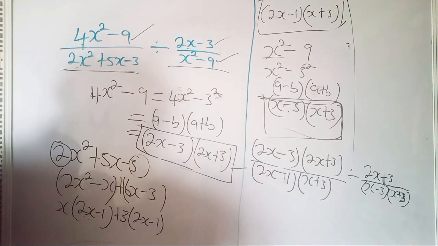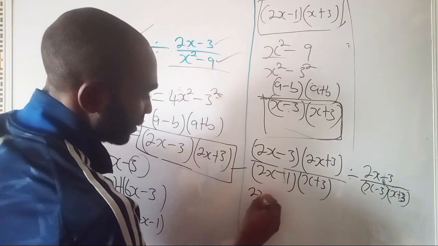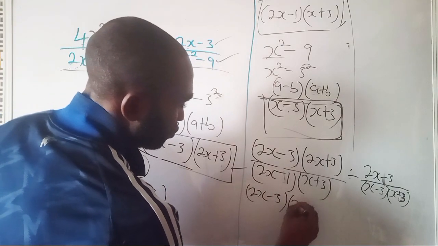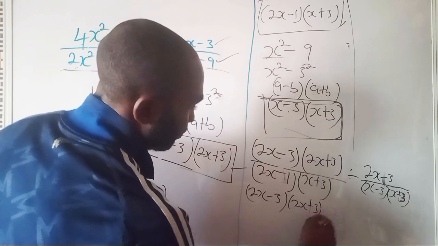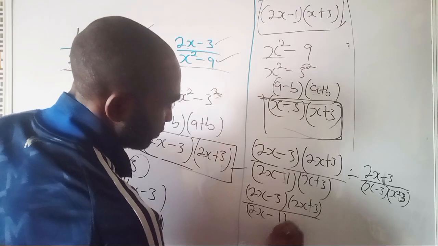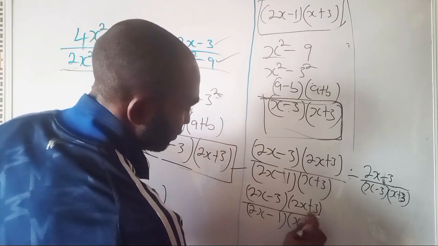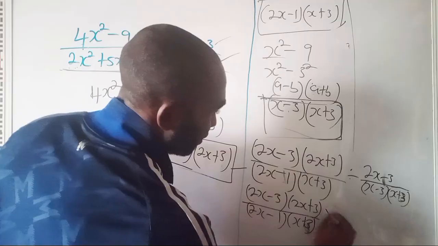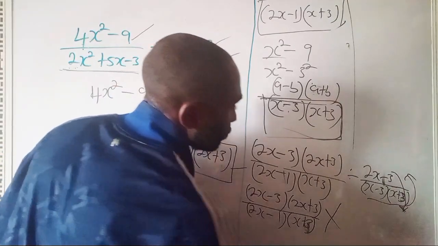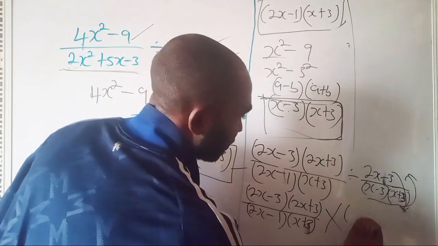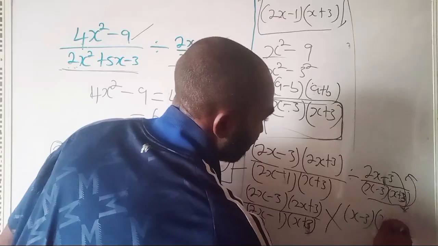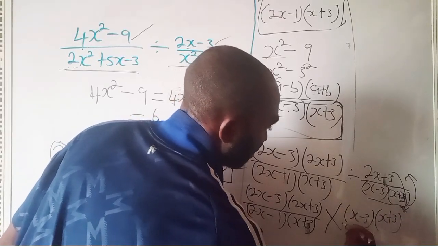So let's now do (2x minus 3)(2x plus 3) all over (2x minus 1)(x plus 3), then times, so this is going to go up while this is going to come down. So we now have (x minus 3)(x plus 3) and 3.